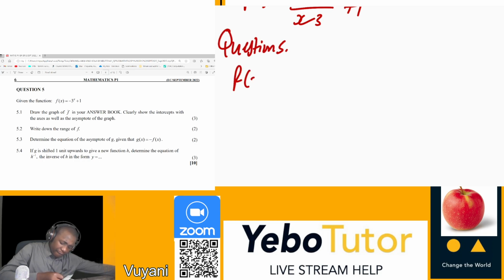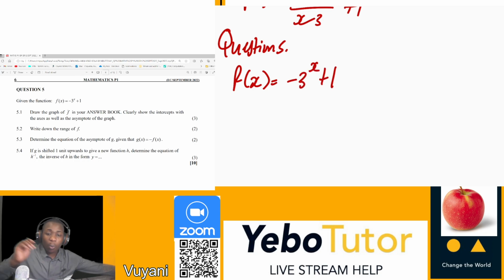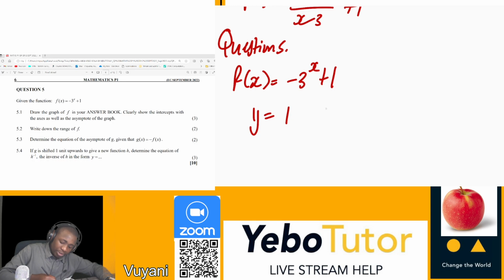Now they say, draw f in your answer book, clearly labelling your horizontal asymptote. This is easy, guys, because we already know what we are looking at. We know that this is an exponential function. What is important is to understand that y is equal to 1, which means this is our horizontal asymptote.